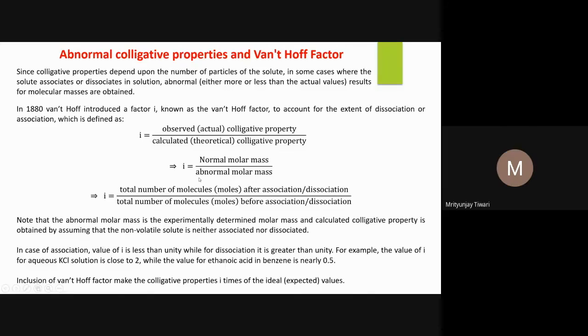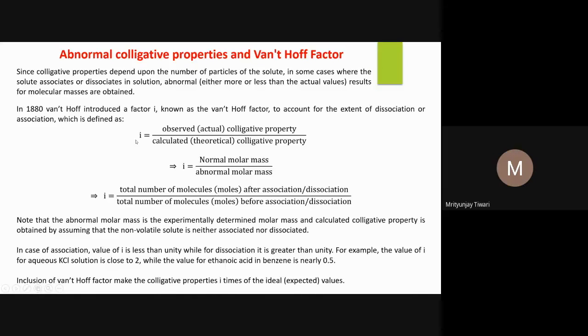So the abnormal molar mass is the experimentally observed molar mass, based on the experimentally observed colligative property, and the normal molar mass is the real molar mass from the molecular formula.